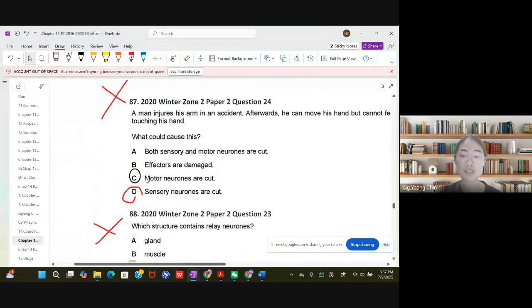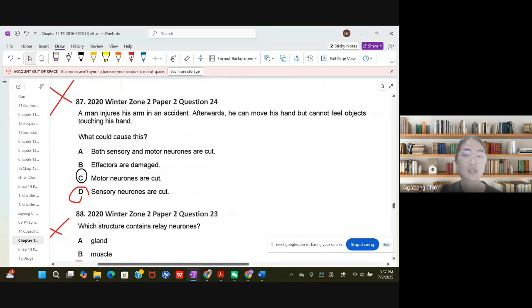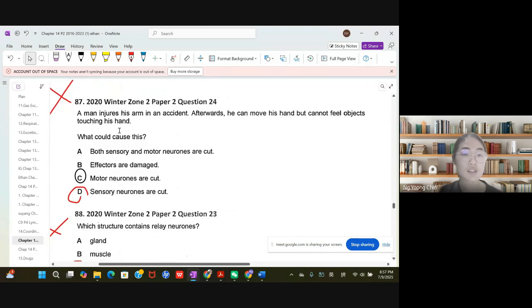And then for this one, a man injured his arm in an accident, but he can move his hand, but he cannot feel objects touching his hand. So that is D. It's not C. Why? It's because the motor neuron is connected to the effector. You can still move your hand.